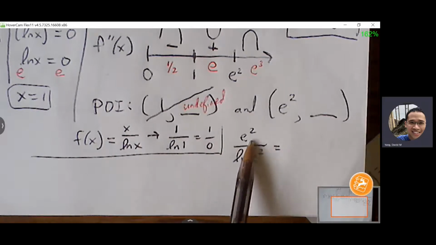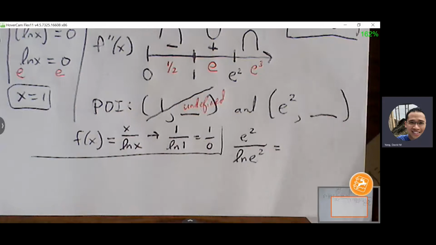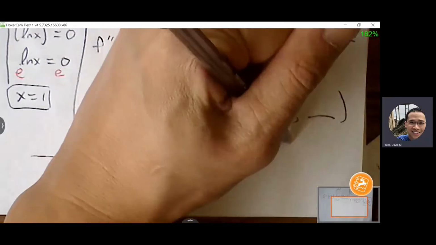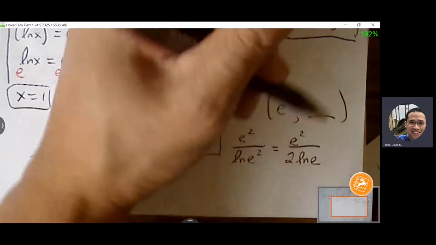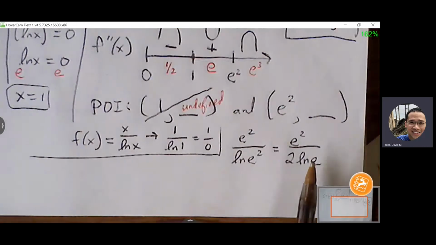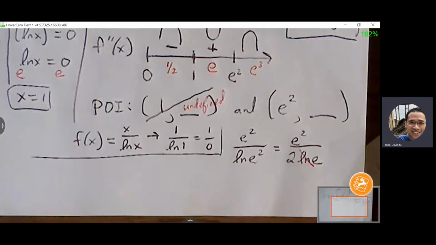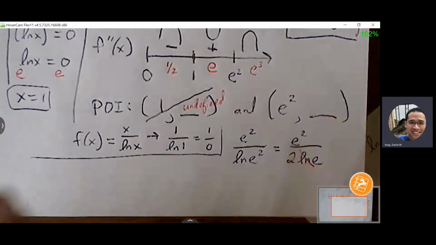What's natural log of e squared? Natural log of e is 1. You can make that go away. So my y value is just e squared over 2, right?